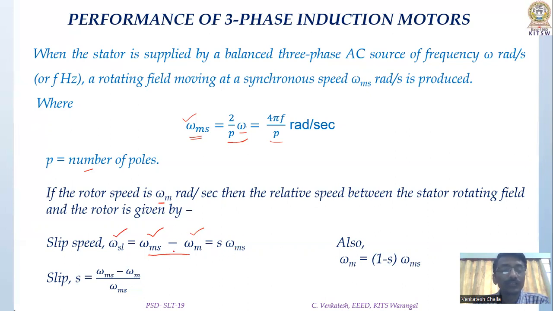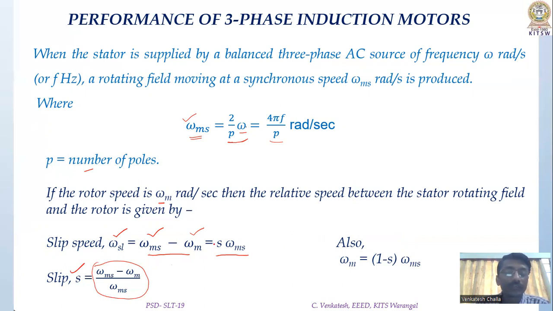This difference is also denoted by s into omega ms. So you can write that s is equal to omega ms minus omega m divided by omega ms. This ratio of relative speed to synchronous speed is called the slip. When you multiply by 100, you get the percentage slip.